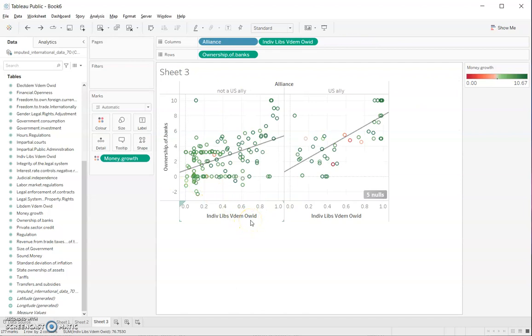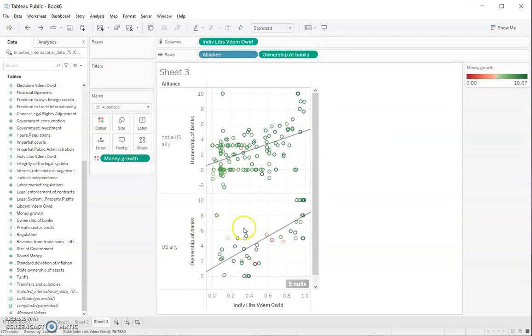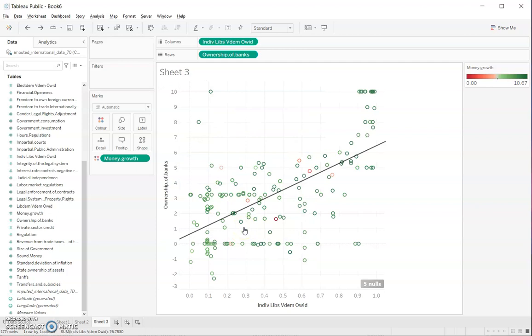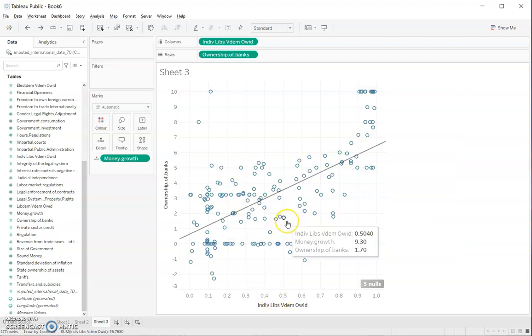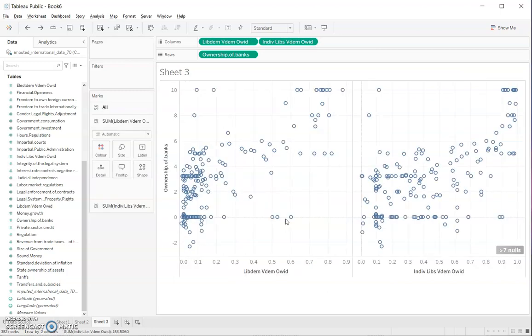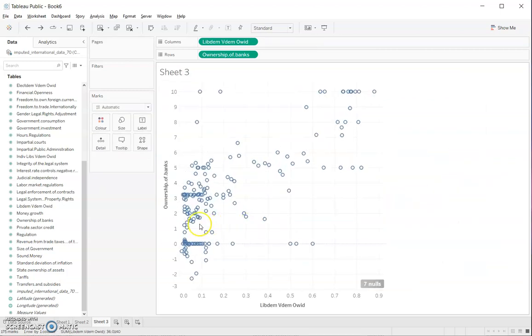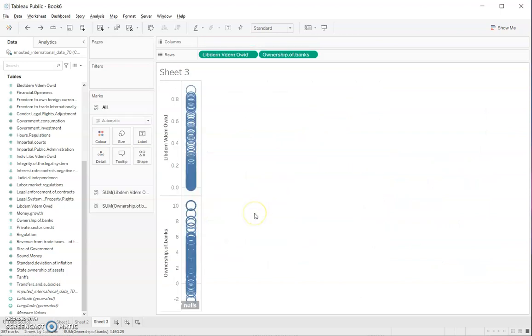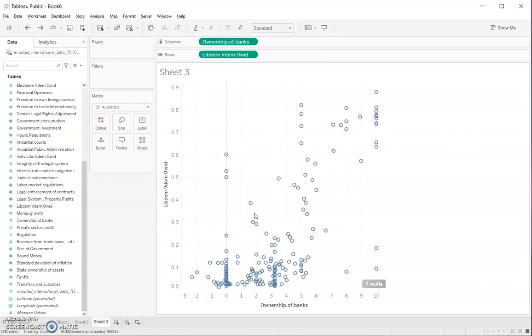I'm sorry if I sound confusing because I'm trying to catch up. We have money growth before. Okay, this is the whole chart of it. Everything is here, individual liberties and so on. Originally, we don't even have a trend line. This is all scattered around the place. We have ownership like this.